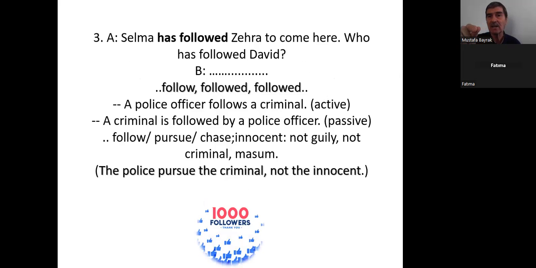Number 3. Selma has followed Zehra to come here, or to go to this art gallery. Selma has followed Zehra to go to the meeting. Selma has followed, okay? But the following action has finished. Zehra is here now.